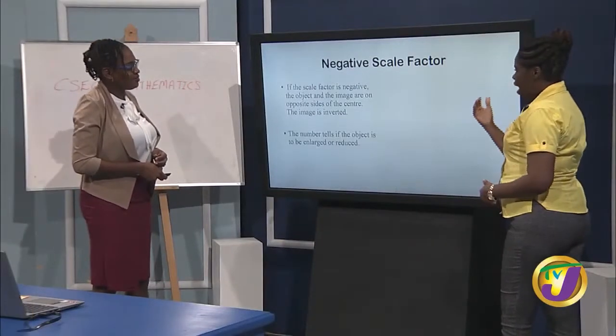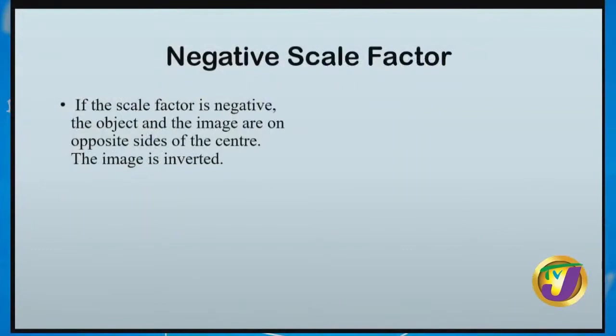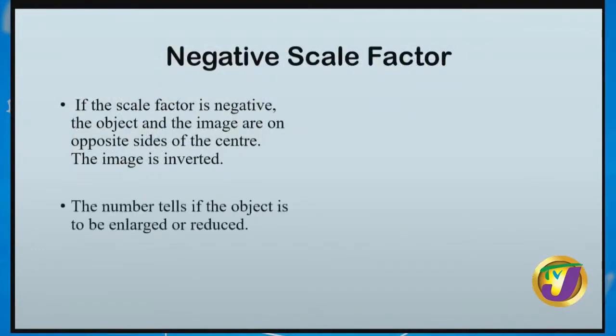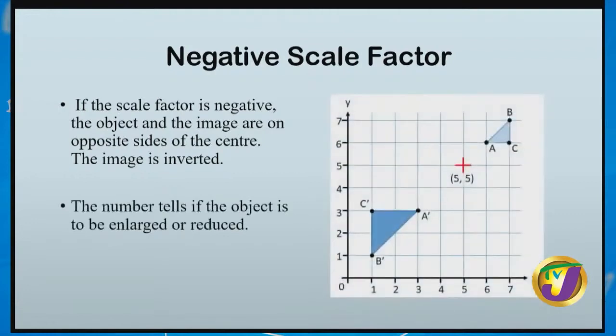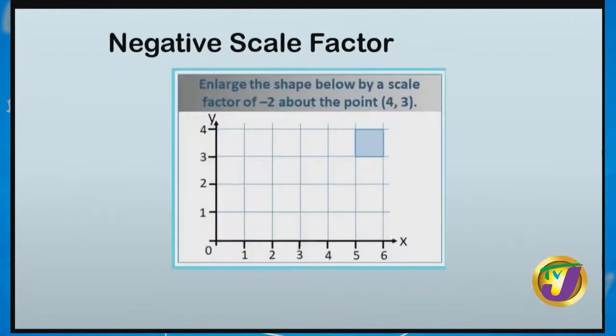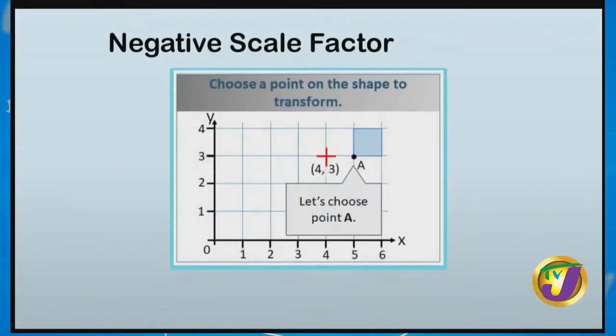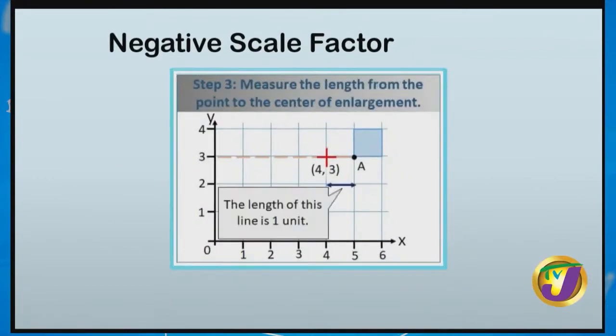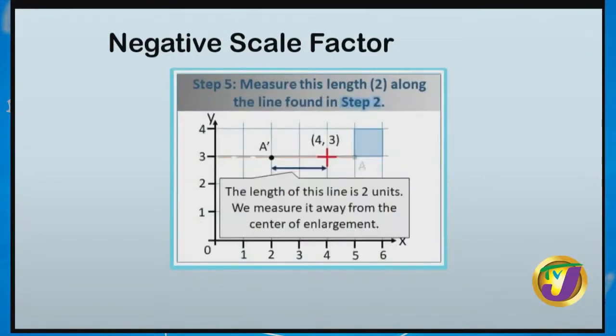All right, so we have looked at the negative scale factor. We notice that the object and the image fall on different sides. So let's move on to the fractional scale factor. This would have been another example of the negative scale factor. So clearly we can see what's happening here.